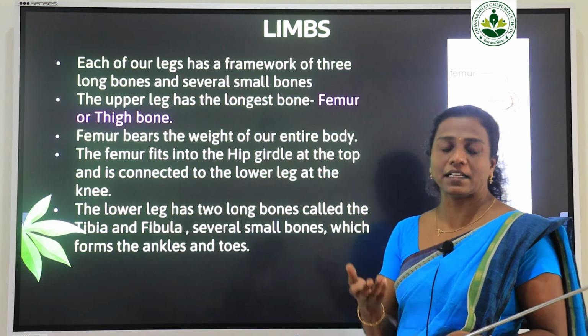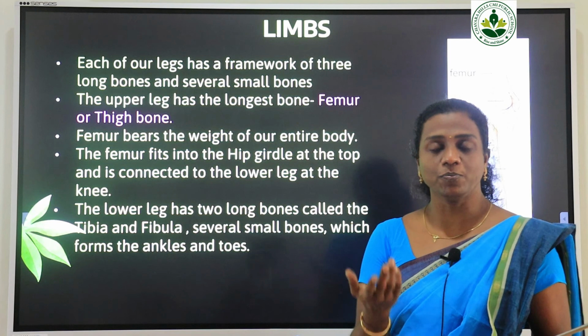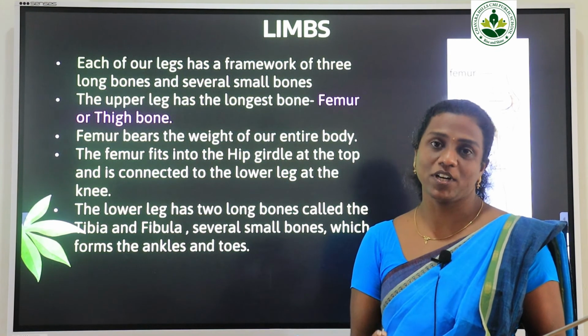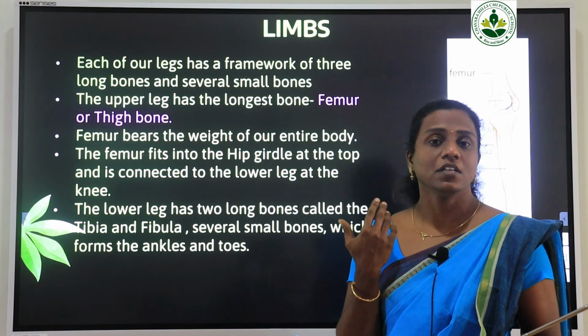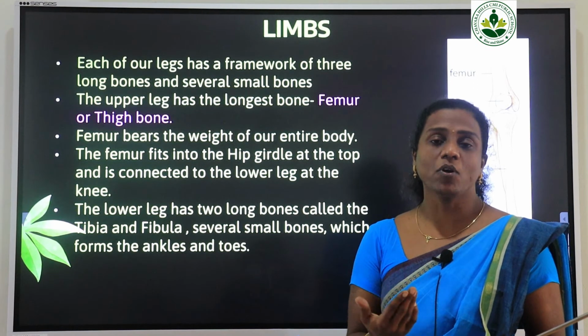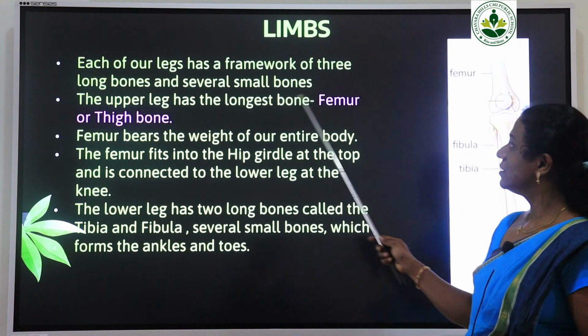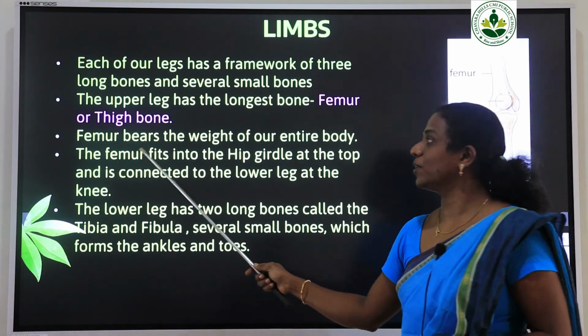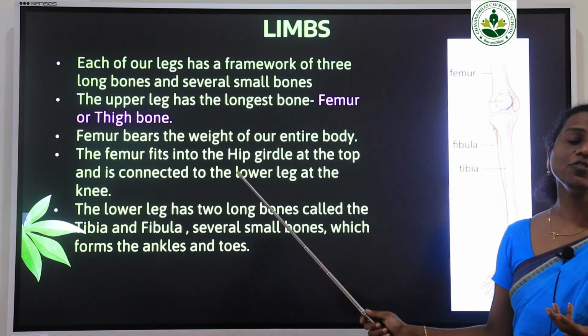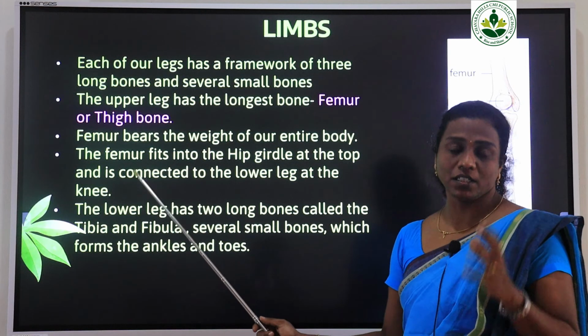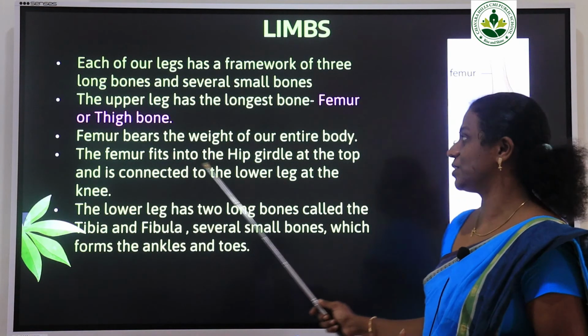Then we studied legs. Legs also have 2 portions, upper leg and lower leg. The upper leg consists of a long bone. It is the longest bone in our body and it is very strong, and it is known as femur or thigh bone. The specialty of femur is that it can hold our entire body weight.